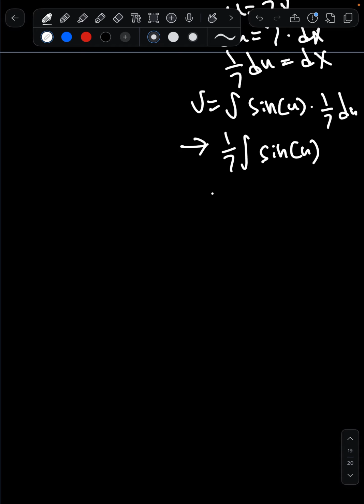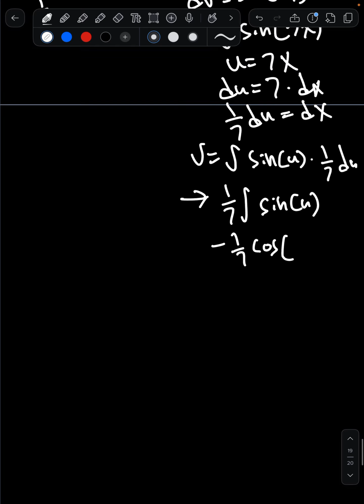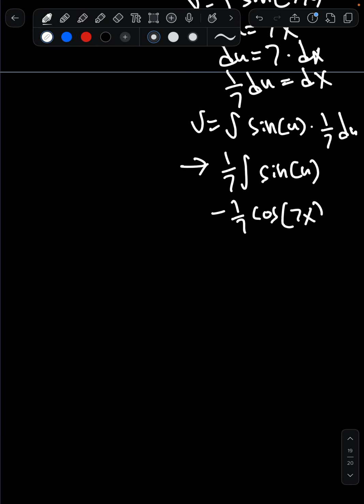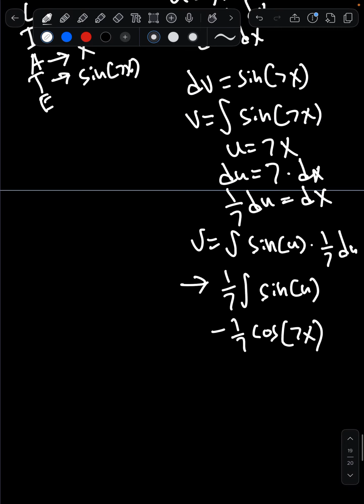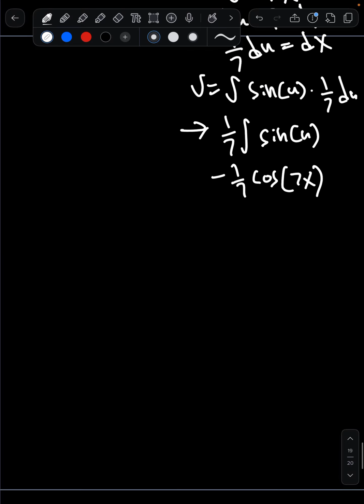So we really now have negative 1 over 7 cosine of u, which u we set as 7x. Now we can build our formula: u times v minus the integral of v du.